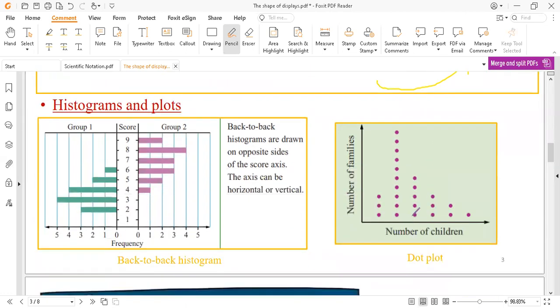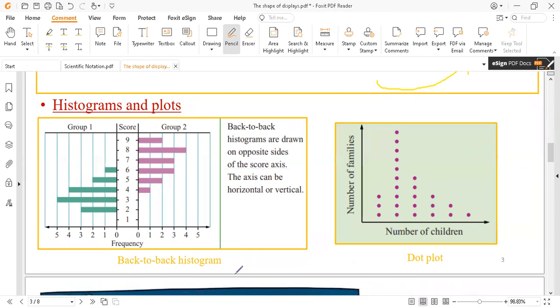In this session, we want to give a review of some histograms and plots. We have the back-to-back histogram and the dot plot.